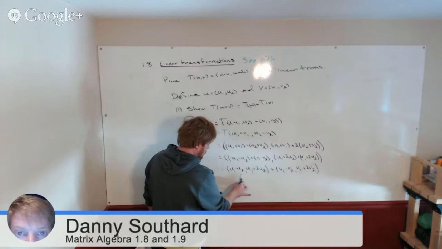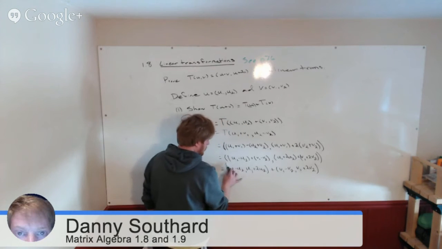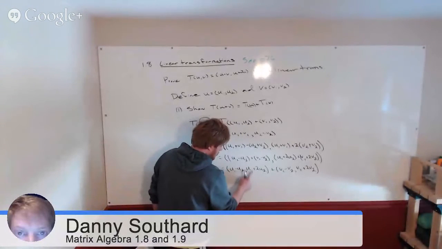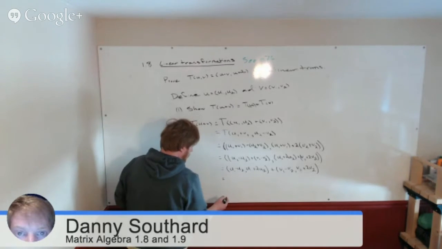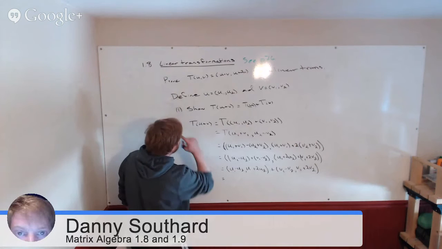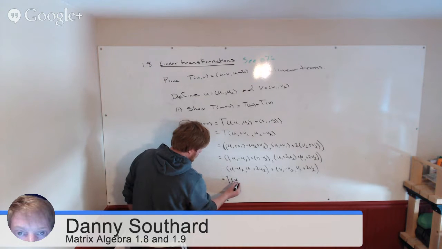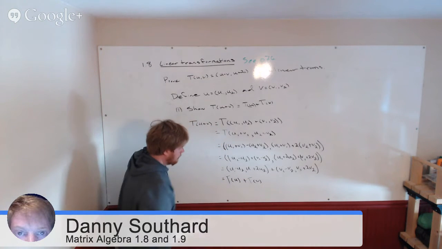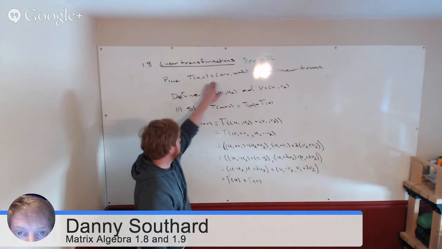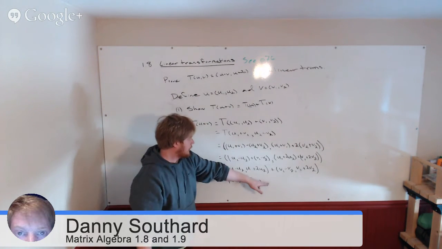Here's U1, U2 plus V1, V2, U1 minus U2 plus V1 minus V2, right? This guy plus that guy's here, and this amounts to this up here. This is T of U plus T of V. This is T of U because I'm taking this transformation and applying it just to U. And this is T of V because I'm taking this transformation and applying it just to V.